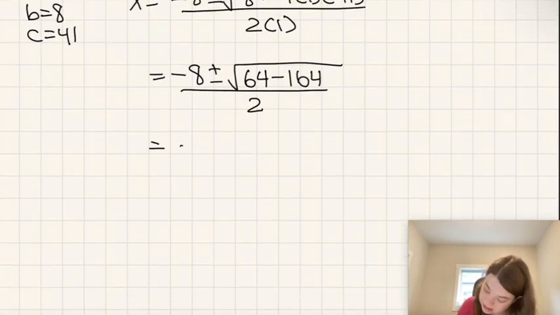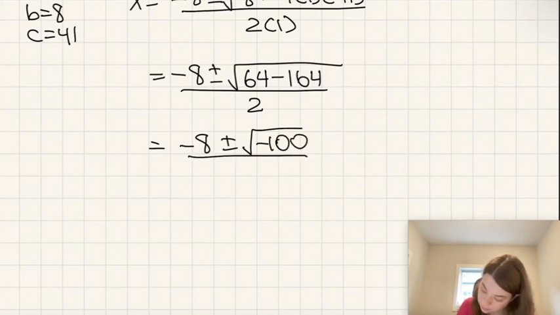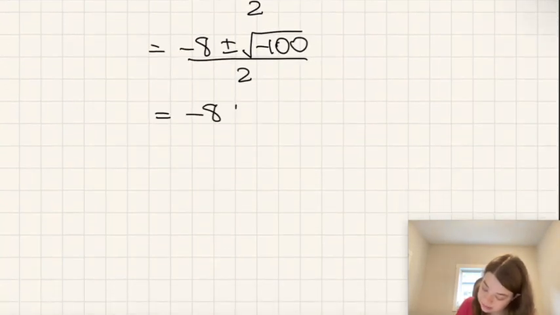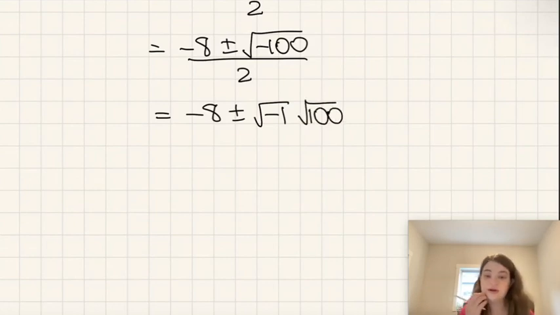So then we're going to have negative 8 plus or minus the square root of negative 100 over 2. And then we're going to have negative 8 plus or minus root negative 1 times root 100, right? Because we're going to basically be separating the root negative 100 into root negative 1 times root 100, as those are both things we know how to simplify a bit better, right?